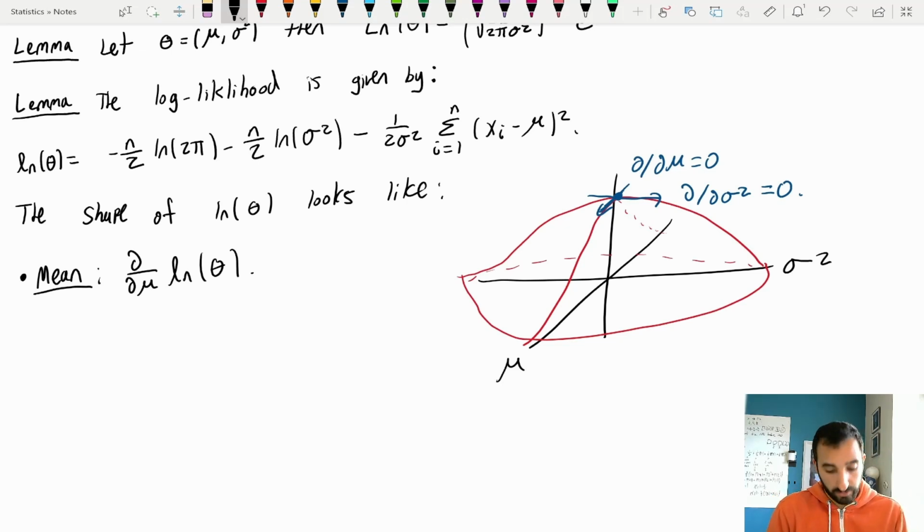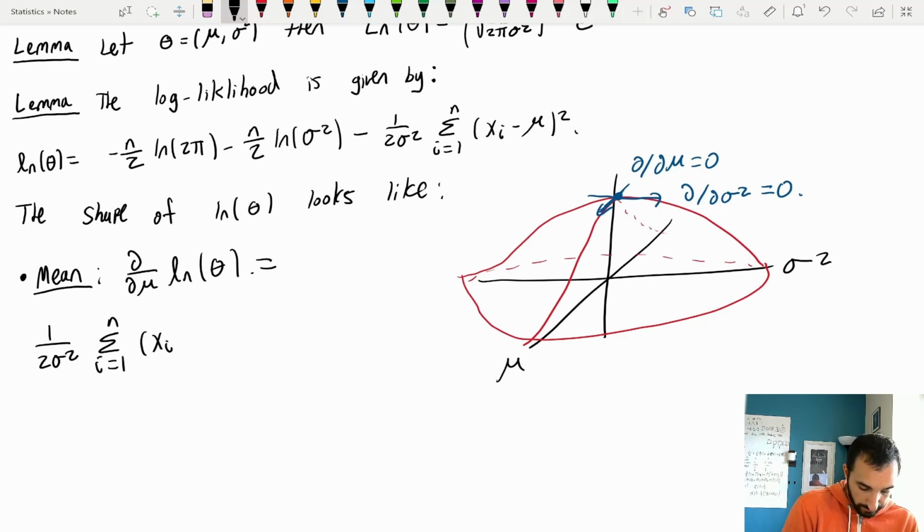The first two terms have partial derivative 0, and the last term is a simple calculation. So what happens is that the square comes down, and then the chain rule says you need to multiply by -1. So I get 1 over 2 sigma squared times the summation as i goes from 1 to n of xi minus mu. The 2 from the square came down and cancelled that 2 too, of course.